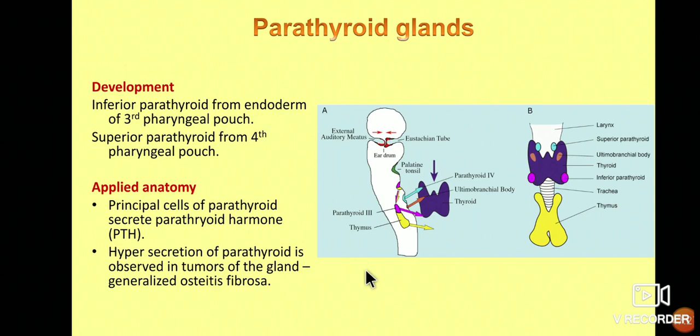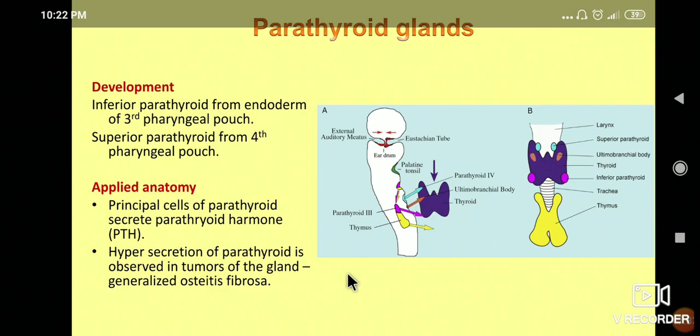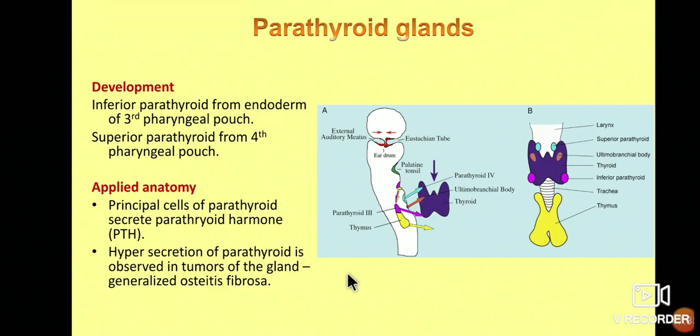So too much calcium in the blood, calcium levels increase, and renal calculi are also formed in the kidneys. Hyposecretion of the parathyroid hormone leads mainly to hypocalcemia, which is the opposite of hypersecretion.